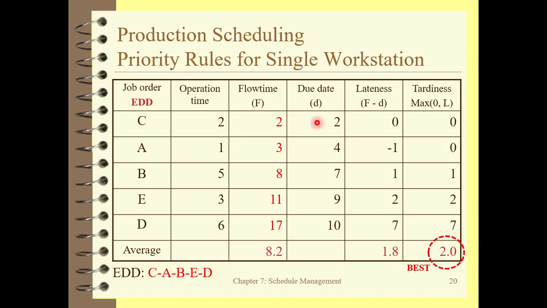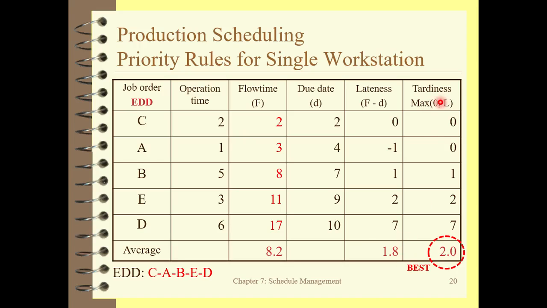And lateness, again, Fj minus Dj or Cj minus Dj, the same, right? 0, minus 1, 1, 2, 7. And then mean lateness is equal to 0 minus 1 plus 1 plus 2 plus 7 divided by 5. You got 1.8.